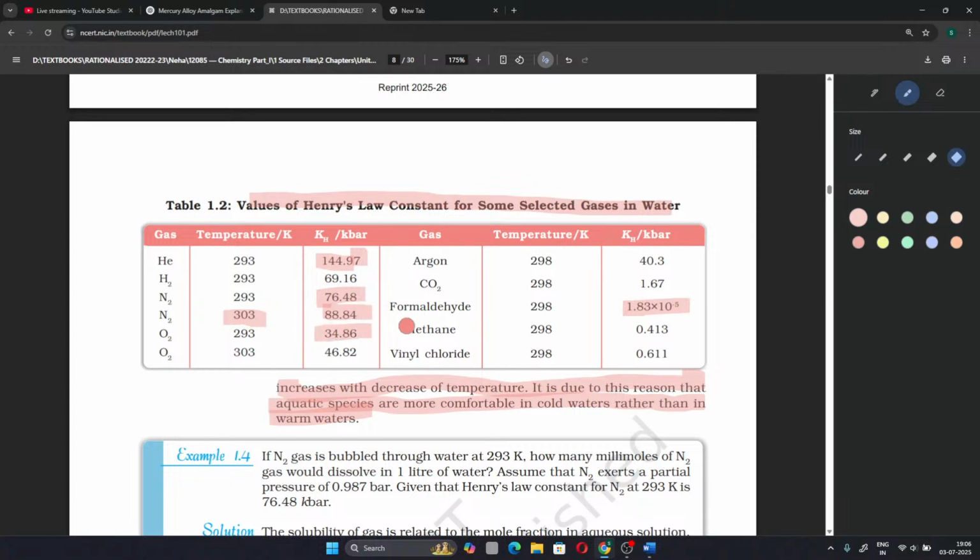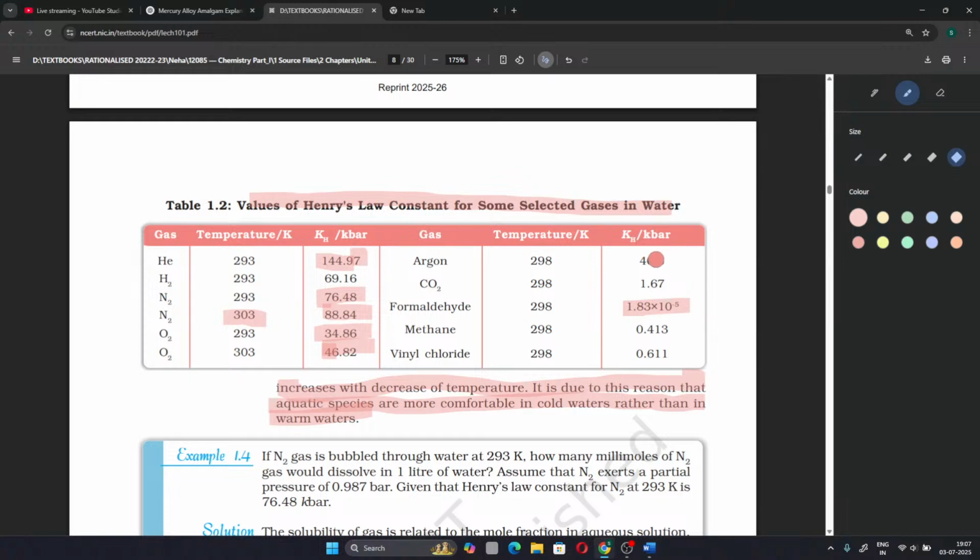The same can be seen in oxygen; even though the dissolution of oxygen is very low compared to nitrogen, it is still somewhat there. As temperature increases for oxygen and nitrogen, the dissolution decreases. Because of this, aquatic life which depends on oxygen dissolved in water is more comfortable in cold water, where oxygen dissolves easily.